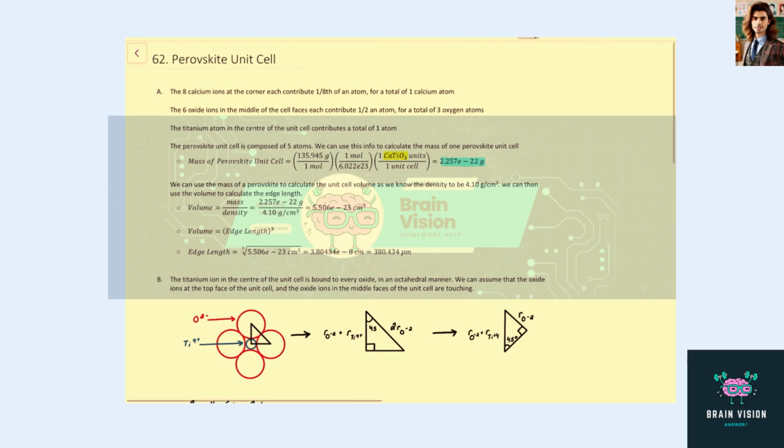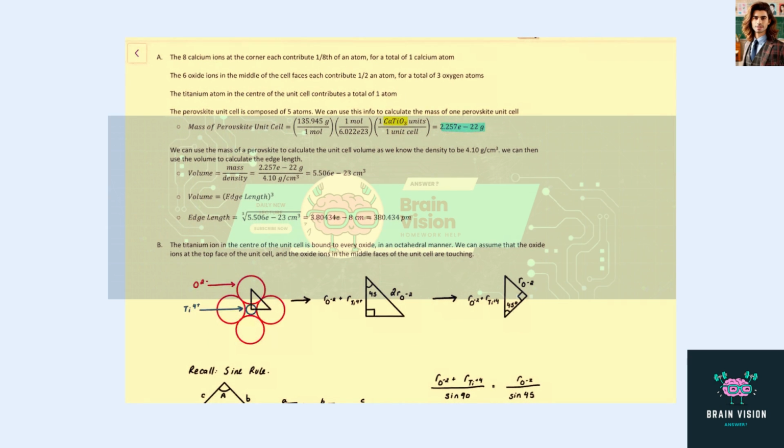And this diagram hopefully can help you understand the orientation. This would be just a view of the oxide ions in the middle of the face of the unit cell. So you can see how the radius of the titanium ion and the radius of the oxide ion form the edges of this triangle here.